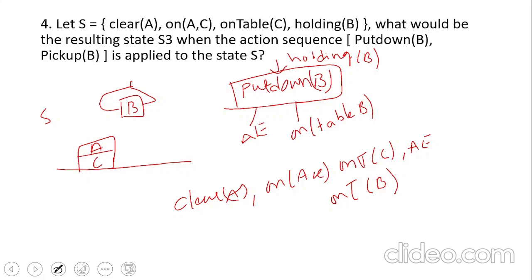Next, what is the action we need to perform? Pick up B. This is our state, the first state, I assume that this is S2. For pick up B, what are the preconditions required?